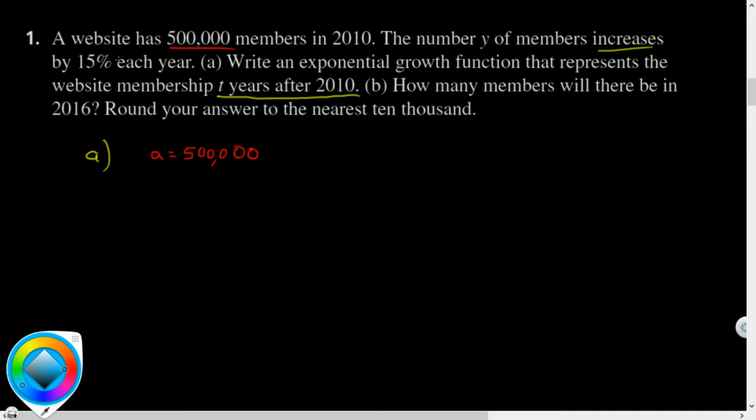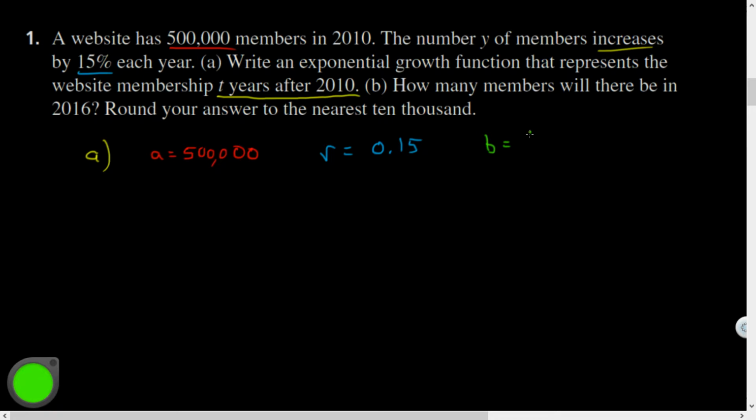My rate is 15%, so R, how do I write 15% as a decimal? 0.15. Yep. And if we wanted to, we could already pre-figure out the base. It's just going to be 1 plus 0.15 or 1.15.